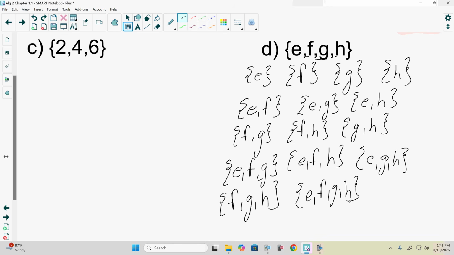If we went to 5 elements, it would have 32 subsets. They increase dramatically. I think it's going to be something 2 to the n. Yeah, it's not 2n plus 1. It's probably 2 to the n plus 1, or 2 to the n minus 1. One of the 2.